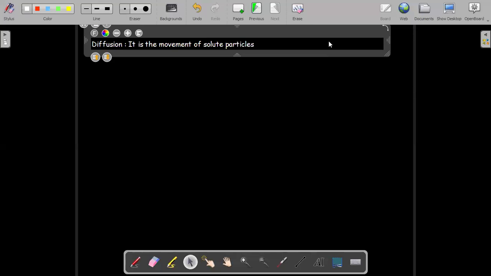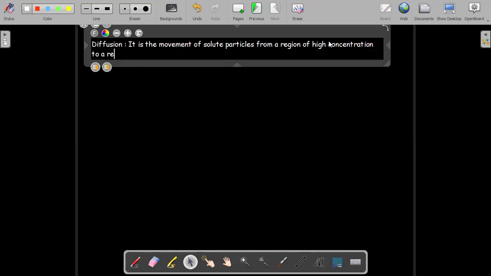Okay, so the movement of solute particles from a region of high concentration to a region of low concentration is called diffusion.